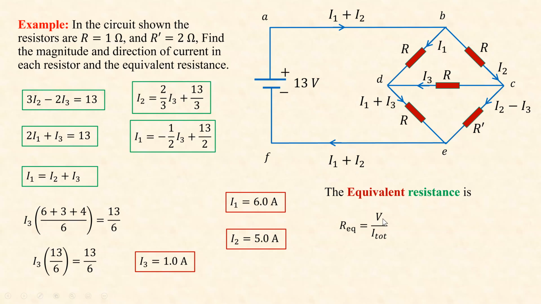So our equivalent will be V divided by I total, means I1 plus I2. So 13 volts divided by 6 plus 5. If you divide 13/11 becomes about 1.18. So the whole combination has about this much resistance. Any questions?